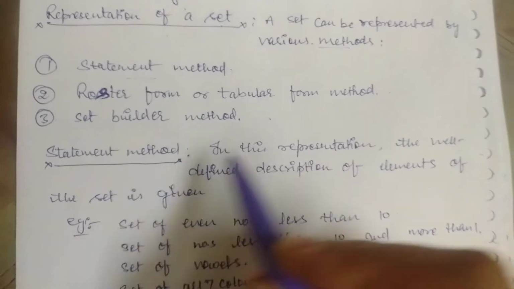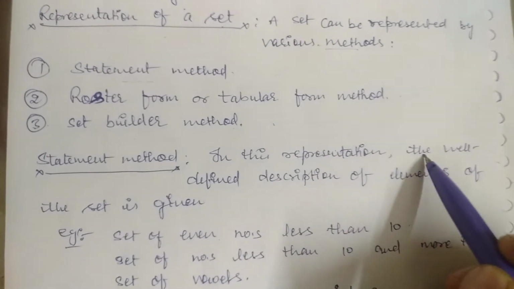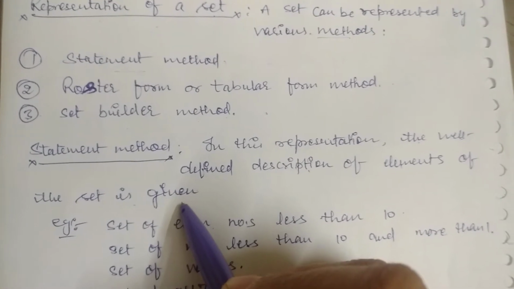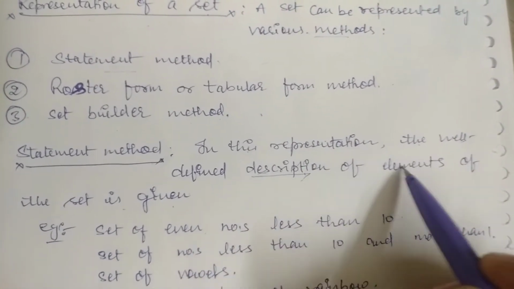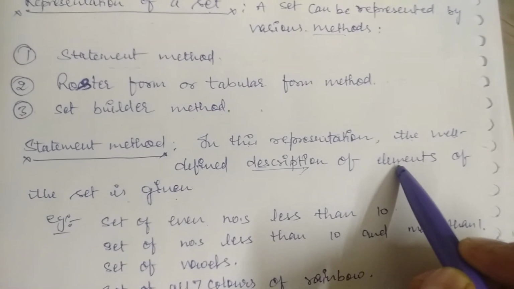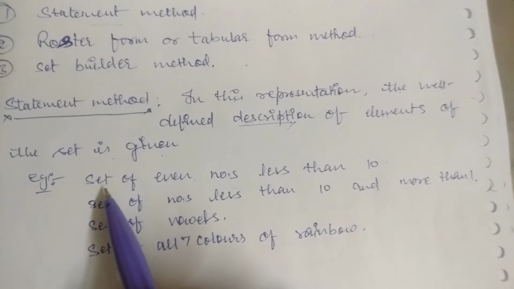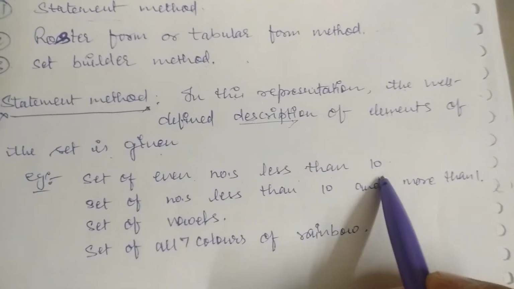Okay? So what about the statement method? In this representation, the well-defined description of the elements of the set is given. For example, suppose we are having a set of even numbers less than 10.